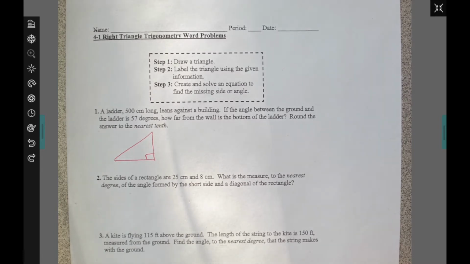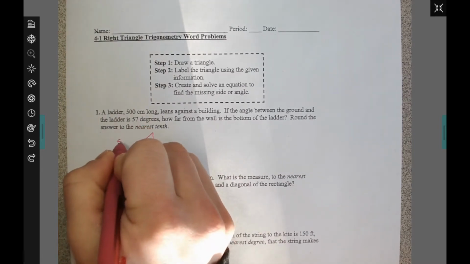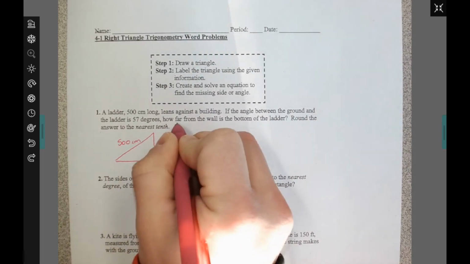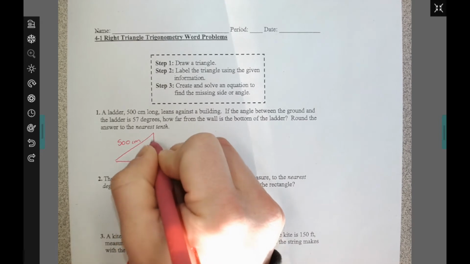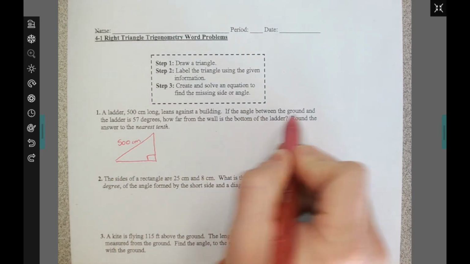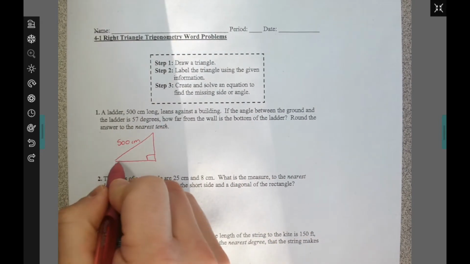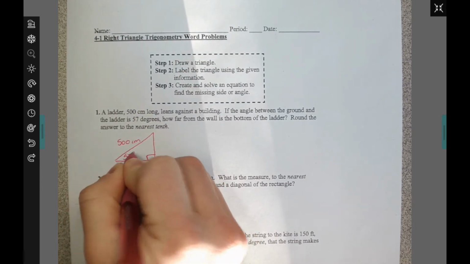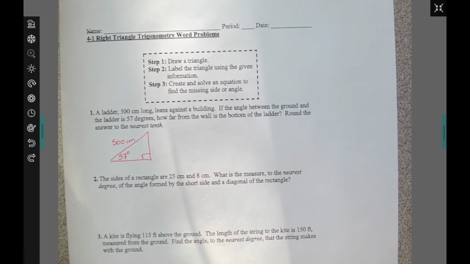So you got a ladder is 500 centimeters long. Okay, so you got 500 right there, because that would be my ladder in this scenario. It's leaning against the wall, which will go up and down. They say the angle between the ground and the ladder is 57. So I got ground, ladder, 57 degrees. And then from there, they want to know how far from the wall is the bottom of the ladder.